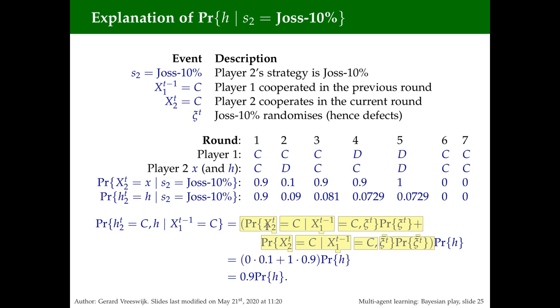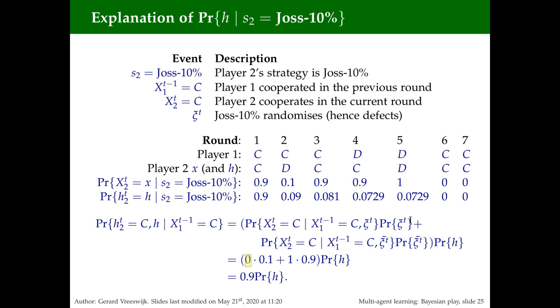So for example, the probability that the second player cooperates in the next round, given that the first player cooperated in the previous round, and given that the second player randomizes in the current round, is 0, because then the second player should always defect.